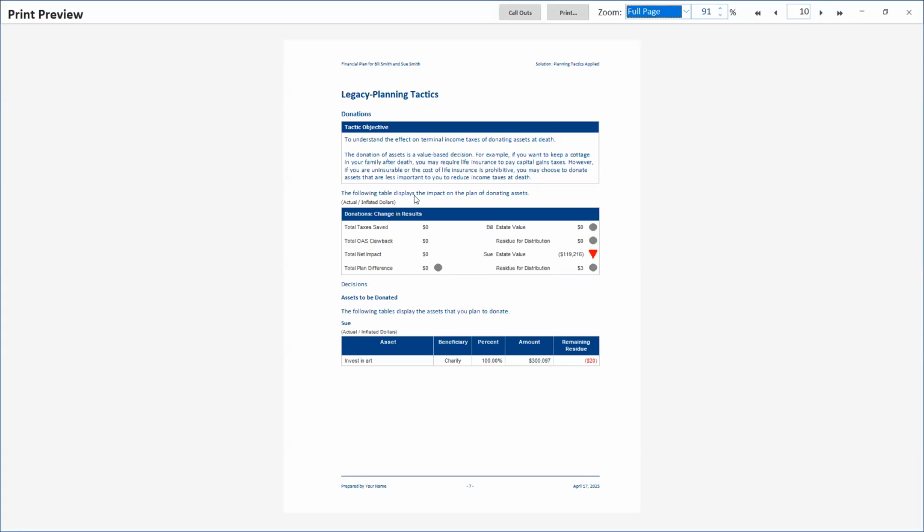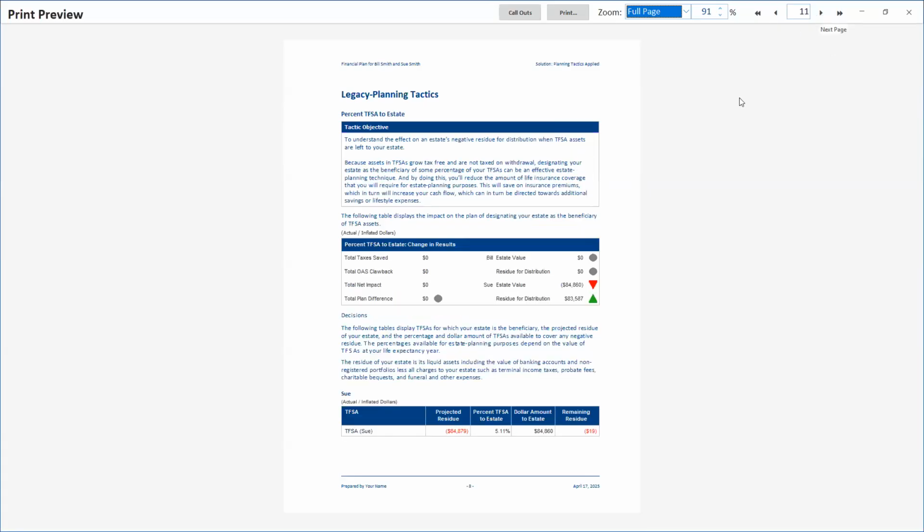So the donation doesn't have any effect on increasing wealth, but it does show what the effect is on the residue for distribution. So by donating the art, along with the TFSA, what we've been able to do is get the residue for distribution down to 0, because in part of the effect of donating the art and the tax savings, and then in part because we've moved money or set aside money in the TFSA for estate planning purposes.